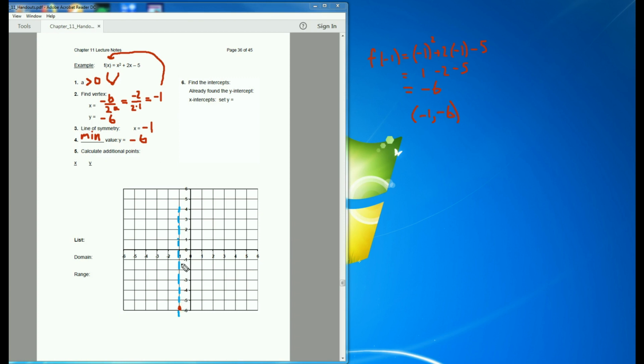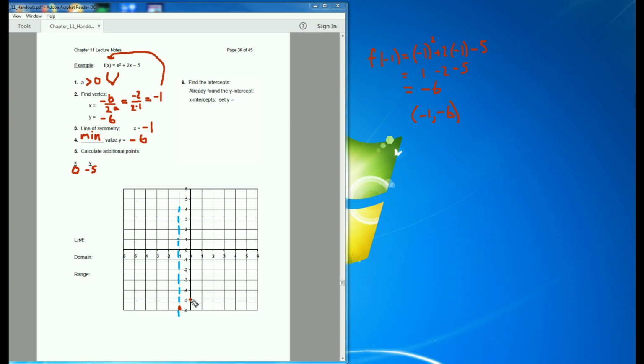Okay, so let's just move to the right. Let's move to x equals 0, just because that's easy. When x equals 0, and when we plug that in to this function, 0 squared is 0, plus 2 times 0, that's 0, minus 5. Okay, so that one's really easy. 0 minus 5. All right, and we can go ahead and plot that.